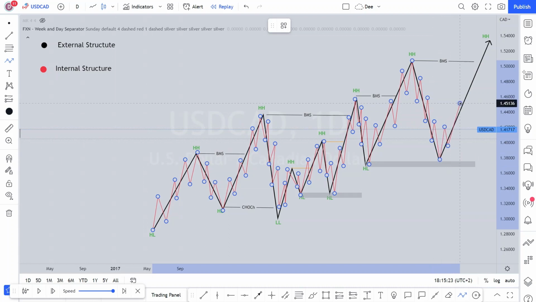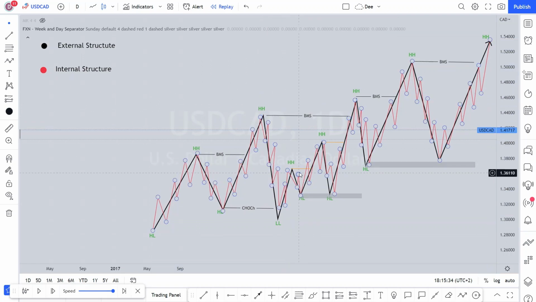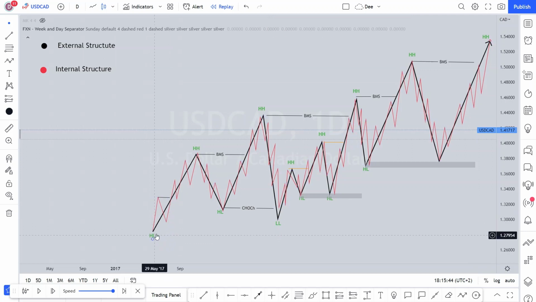This will make more sense and be more practical and easier. From this point we have a break of structure and a lot of higher highs and higher lows within this, so we're not going to label our swing points of internal structure.